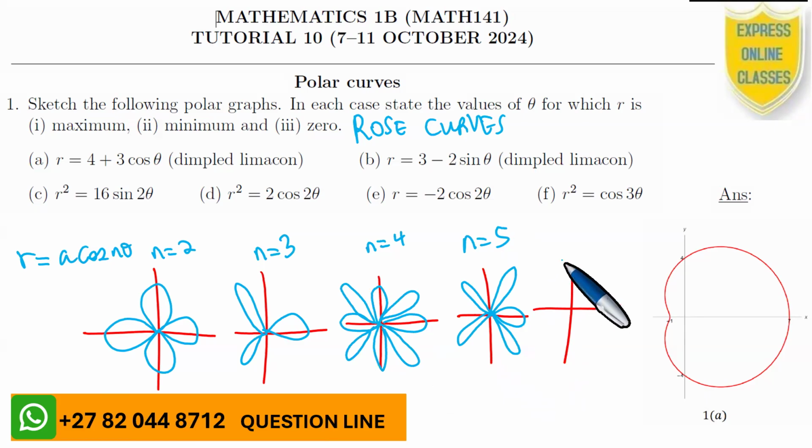And then there's n equals 6, which is going to have the 1, 2, and then you have the doubles. The doubles in the quadrants. So you have the doubles that appear in the quadrants.